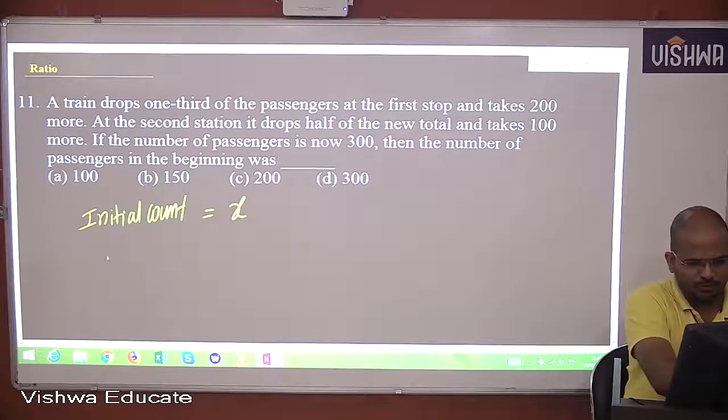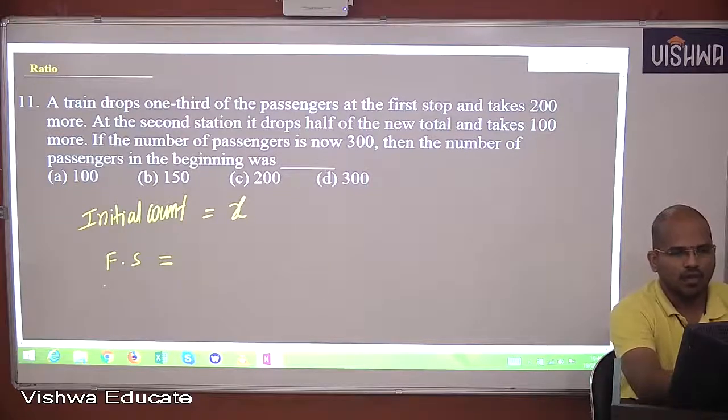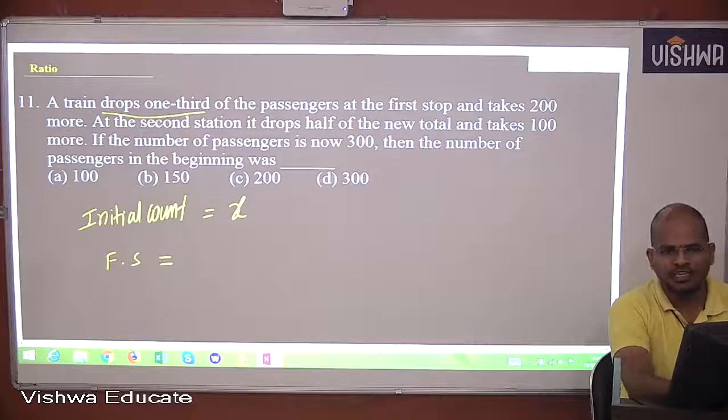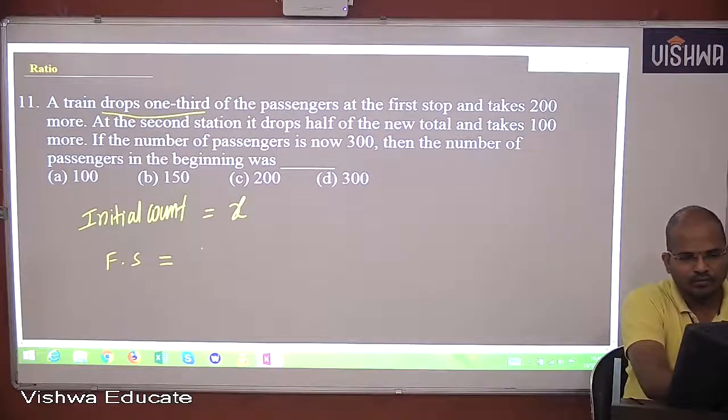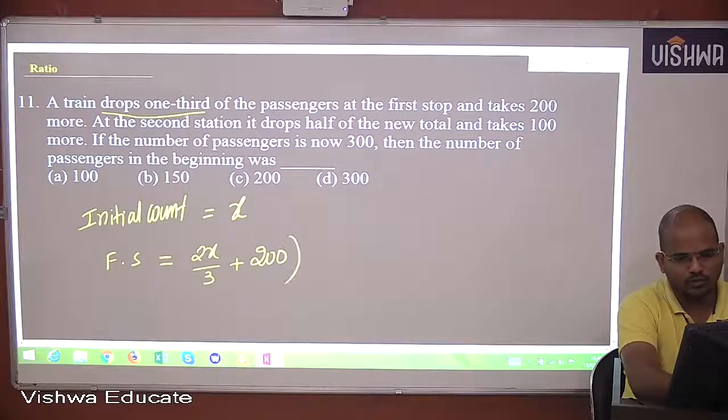At the first stop it drops one-third, so the remaining are 2x by 3, and it takes 200 more.